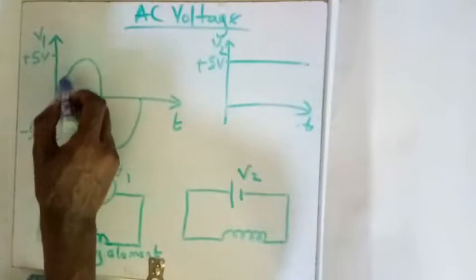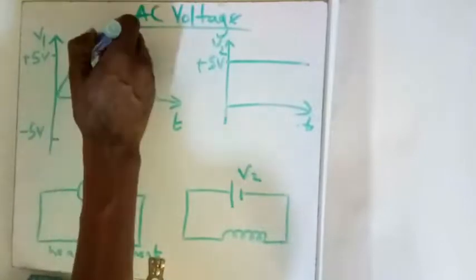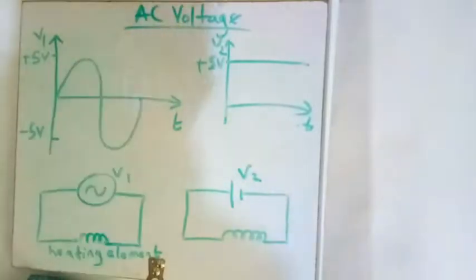When it rises, it becomes hot, and as it starts dropping back to zero, the heating element doesn't just come to zero instantly. So although it's fluctuating, you may not actually notice the fluctuation in the temperature.